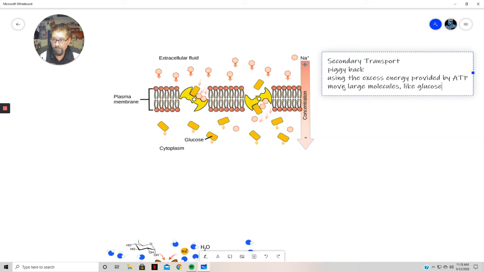The alternative to doing that would be to open up or break open the ATP molecule, release that energy, and move the sodium potassiums across as normal. And then also use another ATP molecule to bring glucose in, but that's wasteful because neither transaction would use the energy efficiently. So the cell says, no, we're not doing it that way.